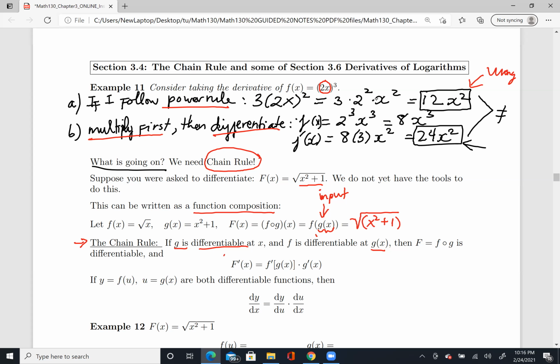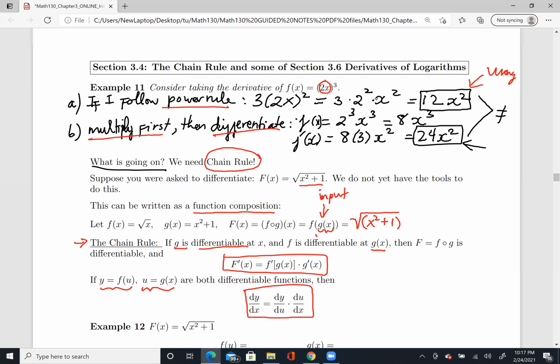Okay, so this looks a little bit complicated for you guys. Not sure you understand yet, but we can extend it. If y equals f of u and u equals g of x, then the derivative of y with respect to x will be equal to dy/du multiplied by du/dx.